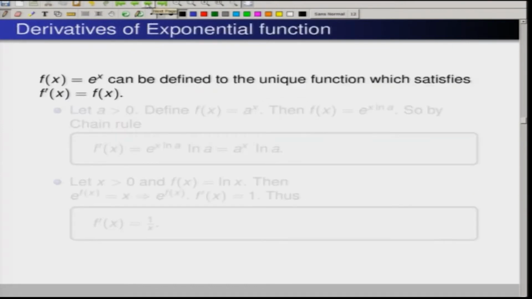Okay, so now let us try to find the derivative of the exponential function. In general, what we define as the exponential function is that the rate of growth is proportional to the function.